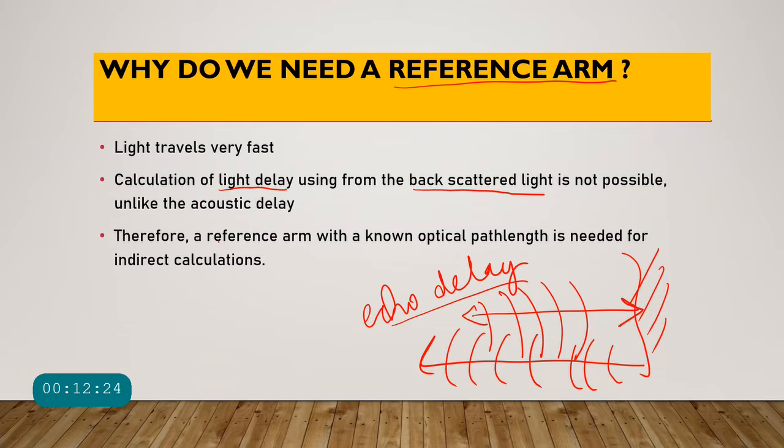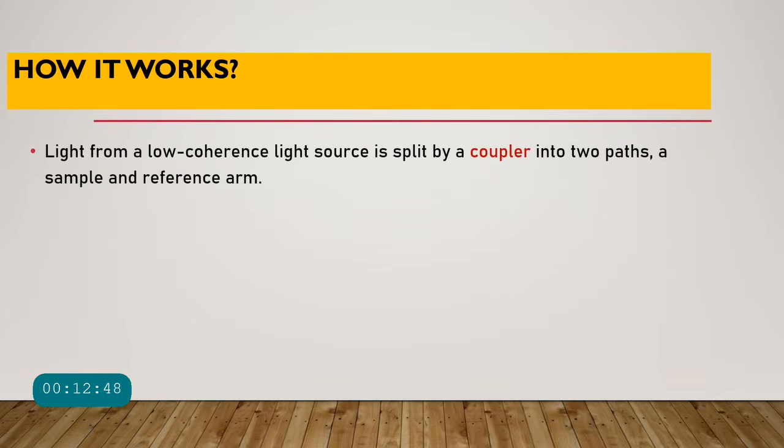So we do need a reference arm in which the optical path length will already be known, and using that we will calculate the distance of the layers of the retina and the thickness. So whatever distance parameters, whatever length parameters that you want to calculate, those can be calculated indirectly using the reference arm. So let us see how it works.